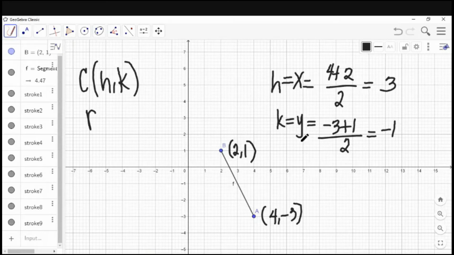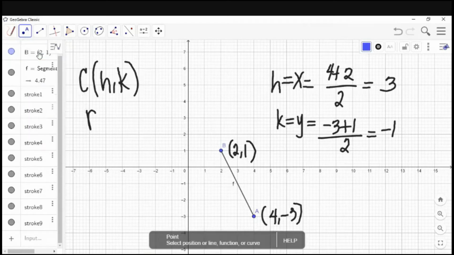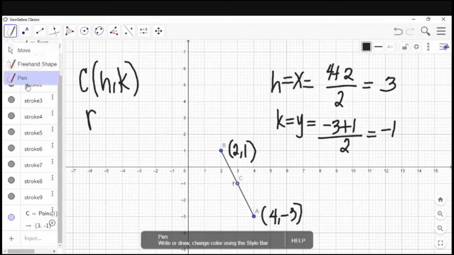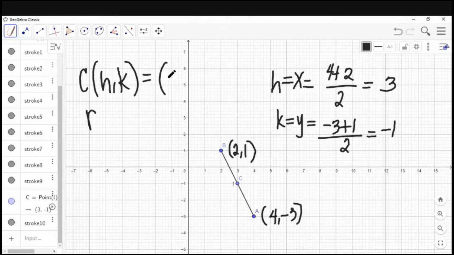I will have 3 and negative 1 as the values of h and k. And if you plot the center on this graph, you will clearly see that it's 3, negative 1. So therefore, my center for this given is 3, negative 1.